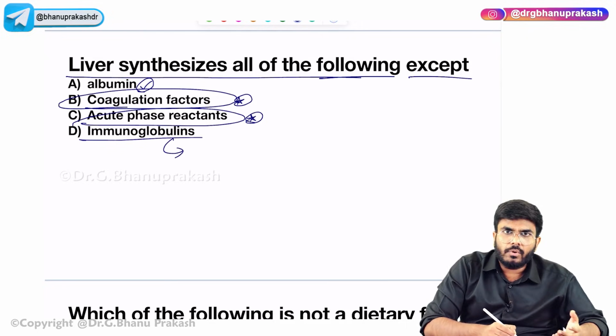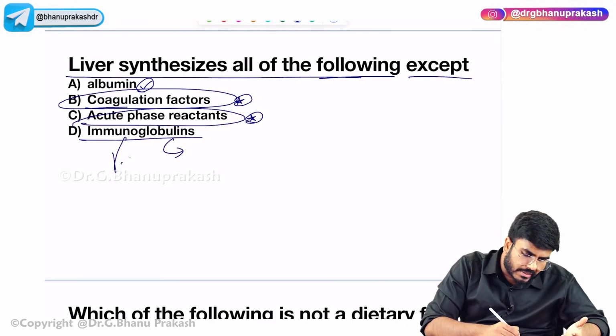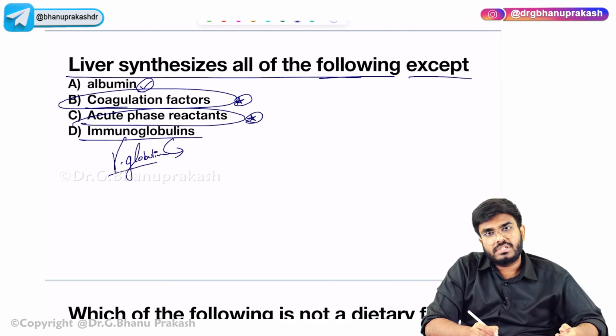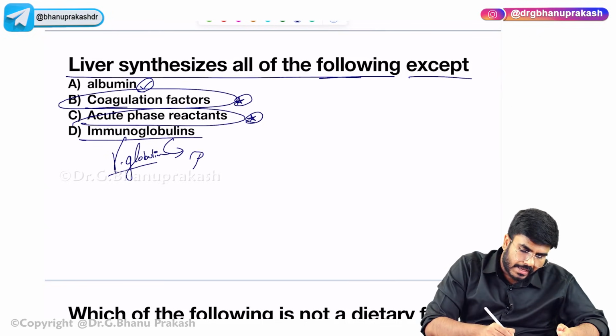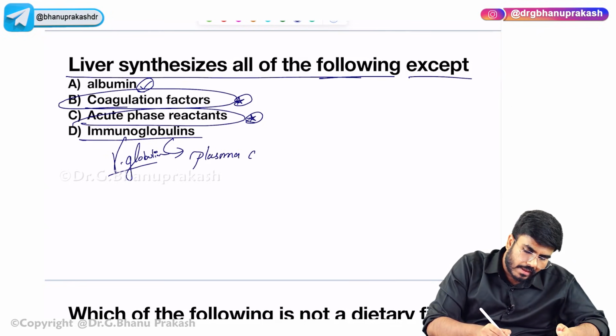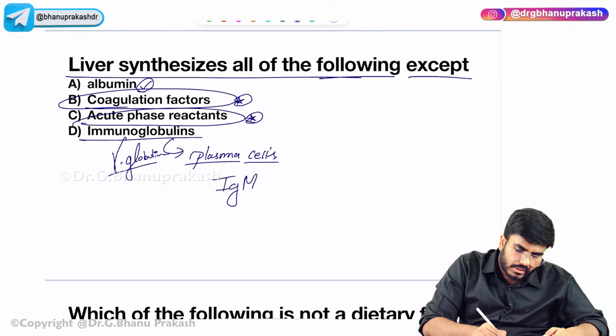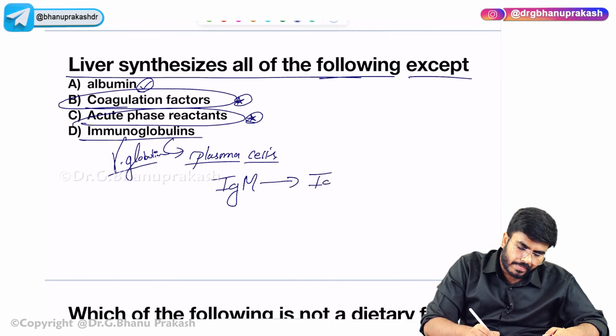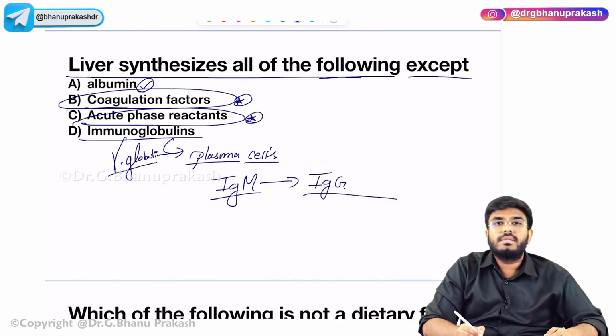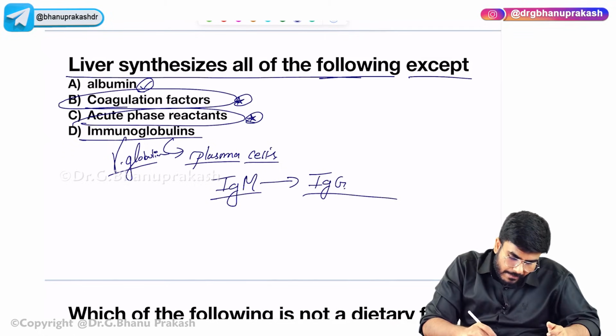Immunoglobulins are proteins, of course, they are gamma globulins. These are produced by the plasma cells. The activated B cells, which are called plasma cells, produce the immunoglobulins, but not the liver. So your immunoglobulins are produced by your plasma cells.